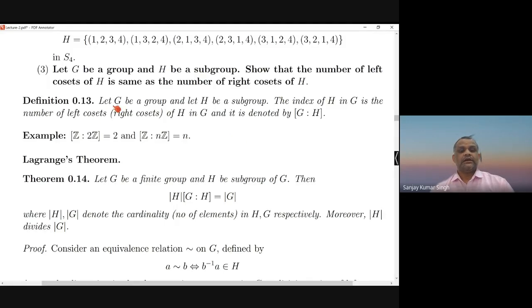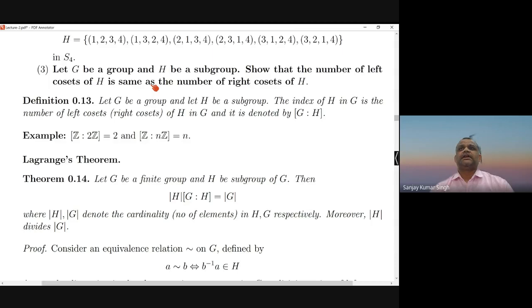So let G be a group and H a subgroup of it. Now I will define the index of a subgroup inside a group G. The index is just an integer, and it is the number of left cosets or the number of right cosets of the subgroup. We have proved in this exercise that the number is the same for both, so it is independent of the choice of left or right.